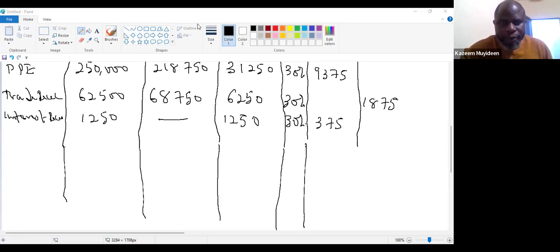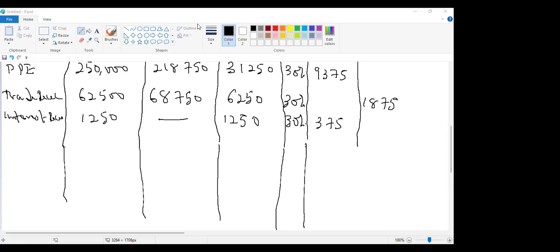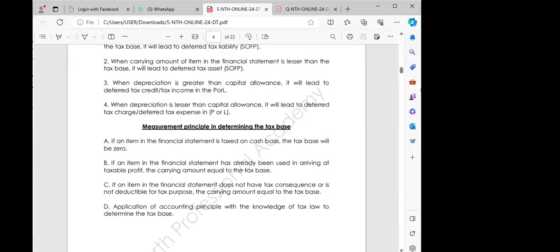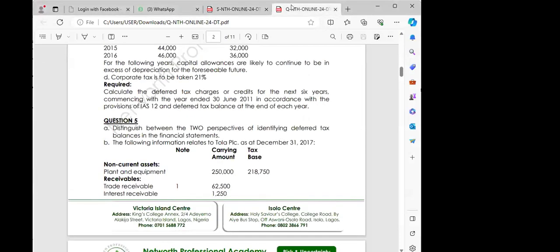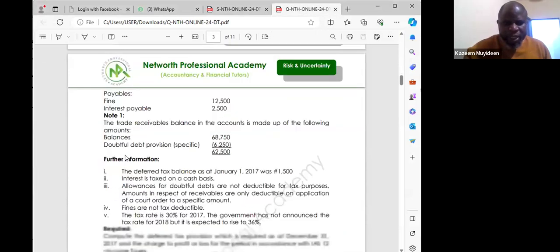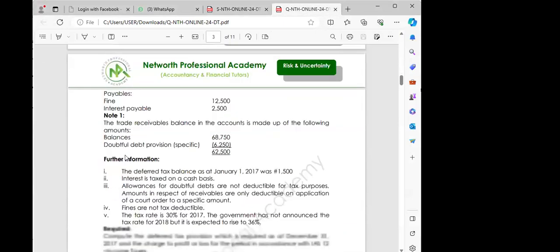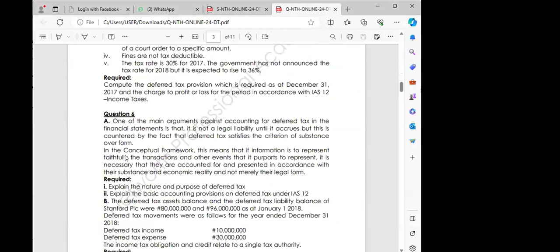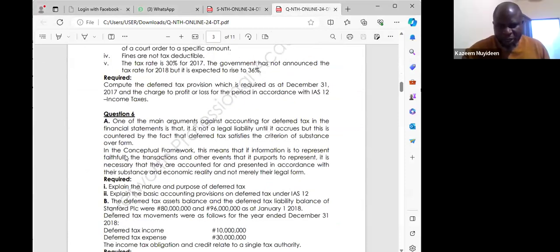What is this question? Now, if you look at the same principle on this question, before you go, look at this question now.